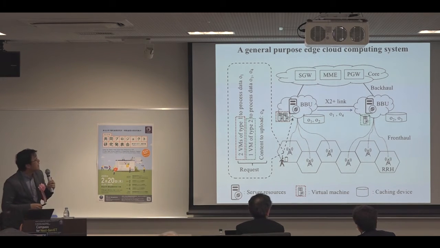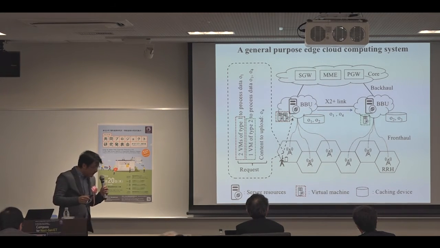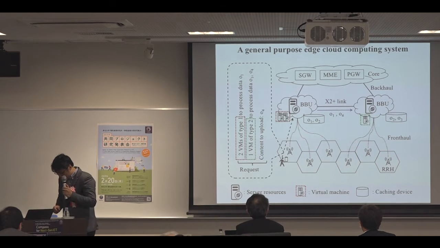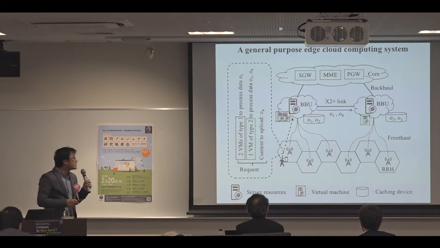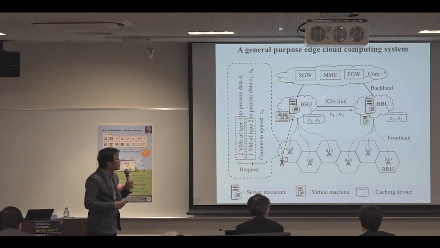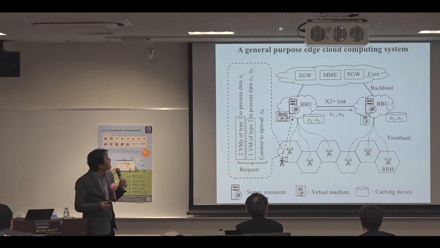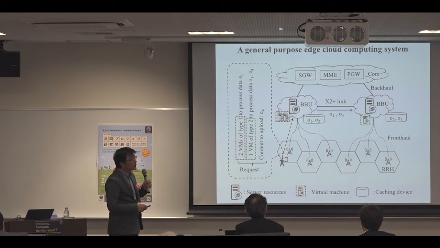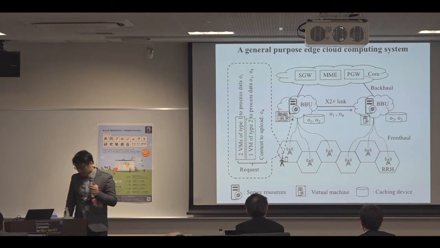Because the X2 link is a little expensive for transmitting big data, the edge cloud provider will incur a cost for inter-cloud data transportation.